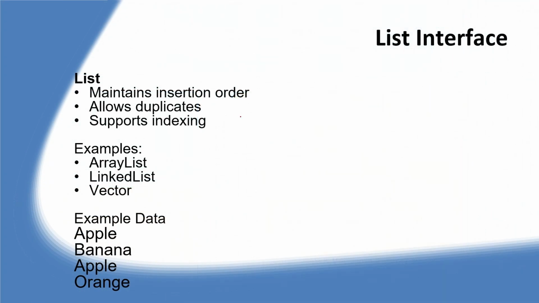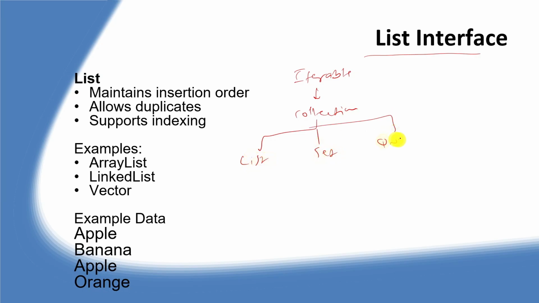So now we are talking about the List interface. Automatically you should think of that hierarchy. There was Iterable, then Collection. These are parent interfaces, and Collection had the List interface, Set interface, and Queue interface.